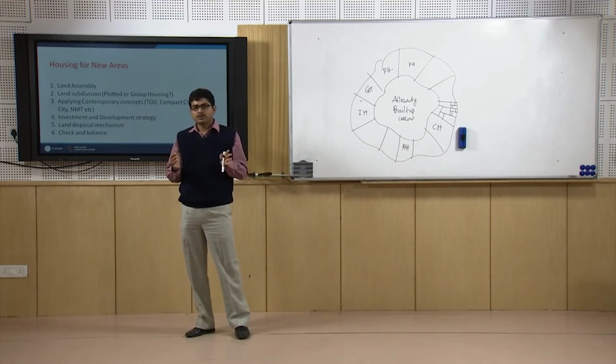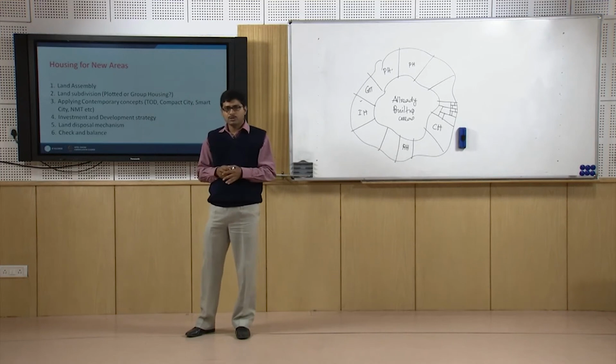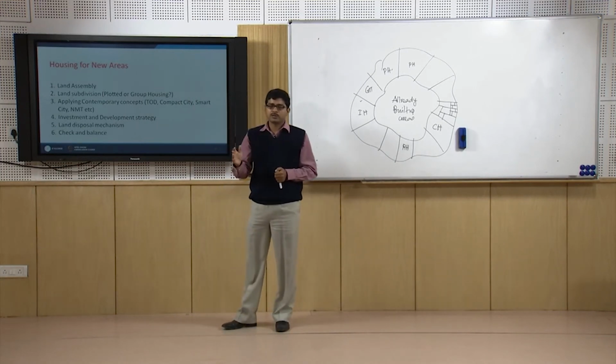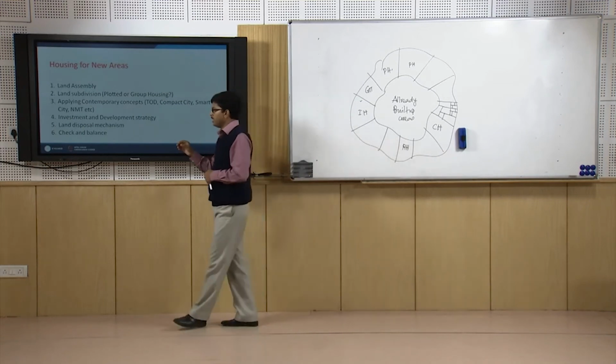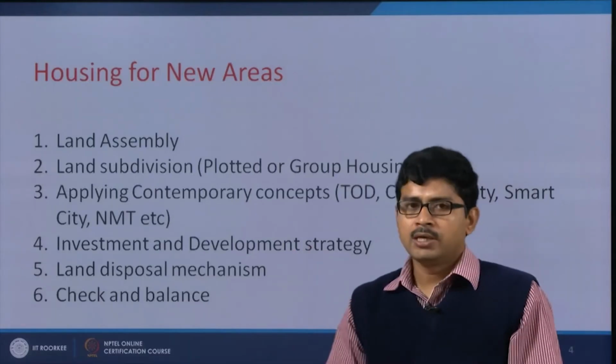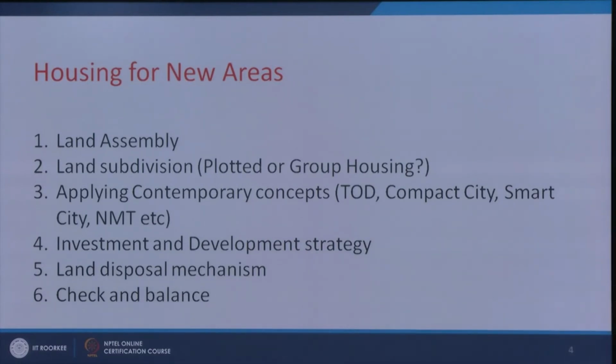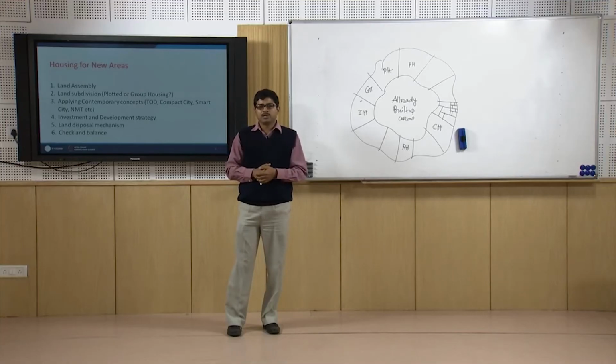Will it be uniform land pricing, or differential land pricing for HIG, MIG and LIG? Those concepts need to be taken care of in the land disposal mechanism. Usually some cross subsidy could be applied, so that some additional pricing for the HIG could be leveraged for the lower income group and economically weaker section.